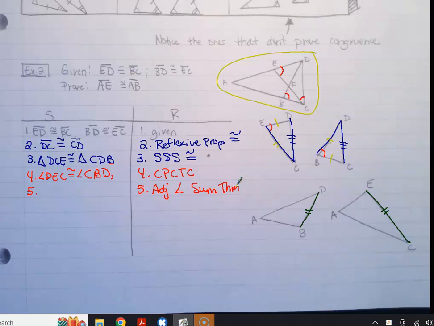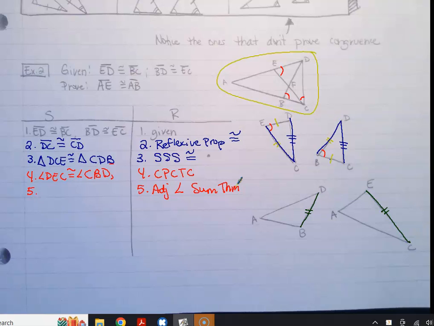Oh, wait, hold on. That's not adjacent angle. 4.41 is angle side congruence. Are we looking at the same thing? Oh, you're on the wrong page, that's why. Oh. I was like, that's not it. Here, it's 2.7.2. Okay. You want to read it? Here you go. No, he's got it.